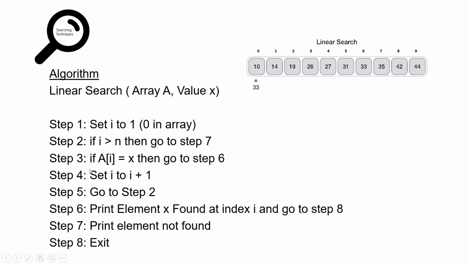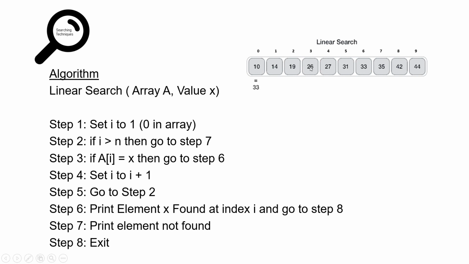Therefore, balik tayo sa step number 3. If A index of i, which is 1, is equals to x, which is 33, hindi sila match. Therefore, increment ulit natin isa. Index of 2, hindi match yung 19 sa 33. Hindi pa tayo. Increment ulit ng isa.